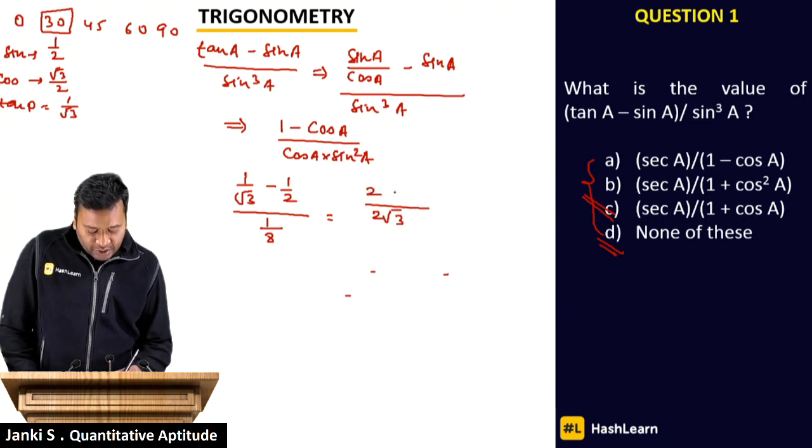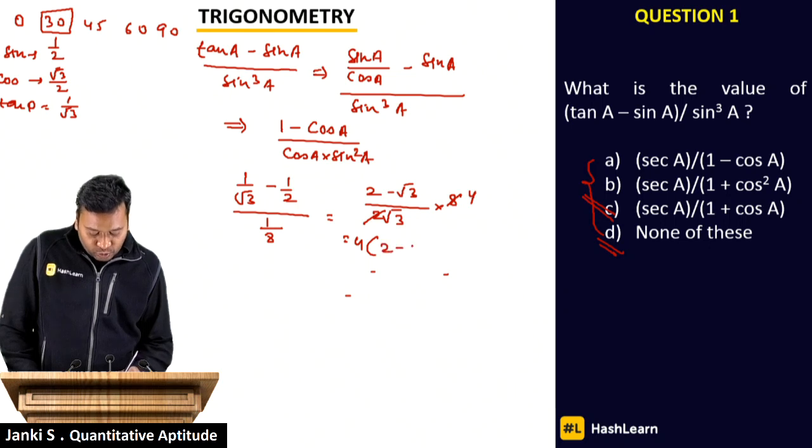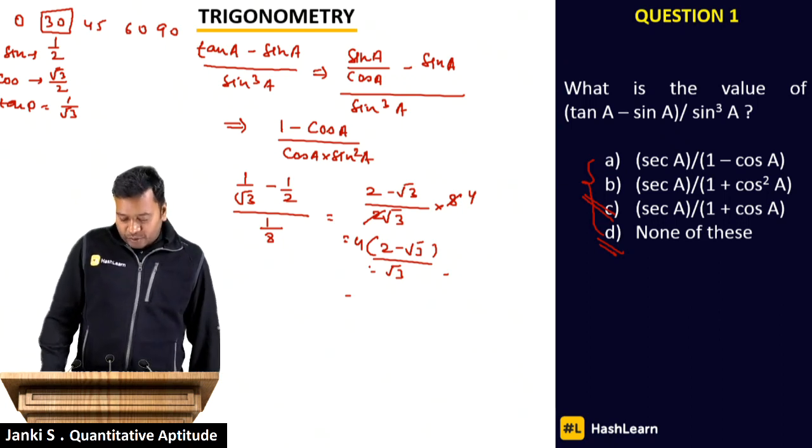So the value is nothing but twice minus root 3 divided by 1 by 8. So 8 will come to the numerator, right? So my value is supposed to be 4 times of 2 minus root 3 divided by root 3, right? Is my value possible, right?